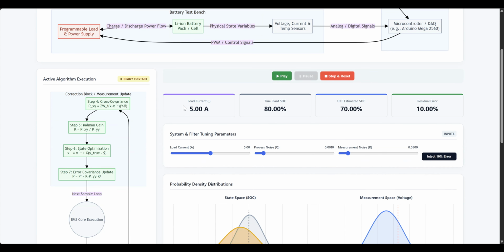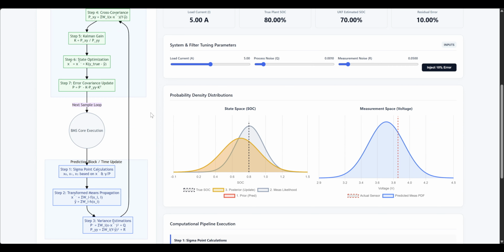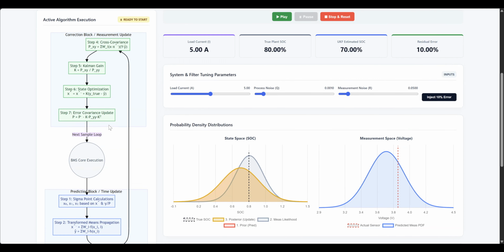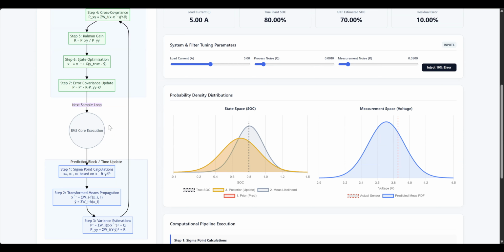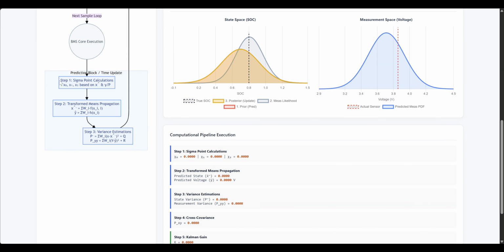Coming to the calculation, we will have 7 major steps in this UKF calculation. In the first step, we will do the sigma point calculation. Based on the UKF, we need to have 3 sigma points, because here we are estimating only one state, and the formula for the number of sigma points is 2n plus 1.